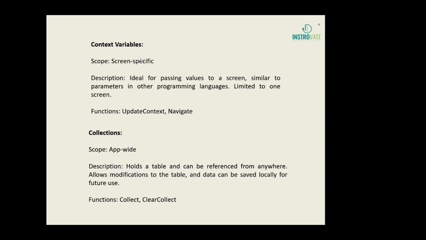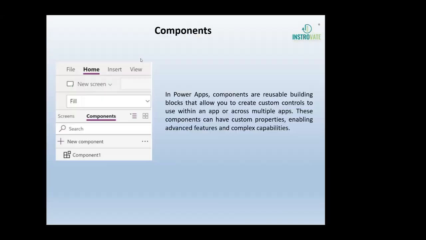Okay, now collections. Collection functions are like Clear, Collect. A collection holds a table and can be referenced from anywhere. It allows modification to the table, and data can be saved locally for future use. So for that we use collection variables.